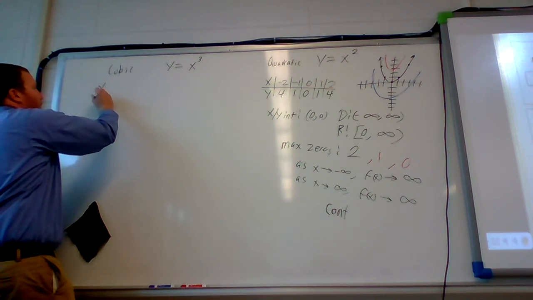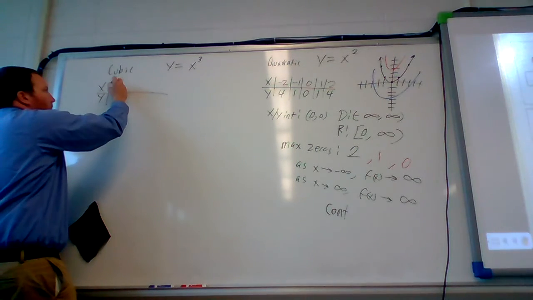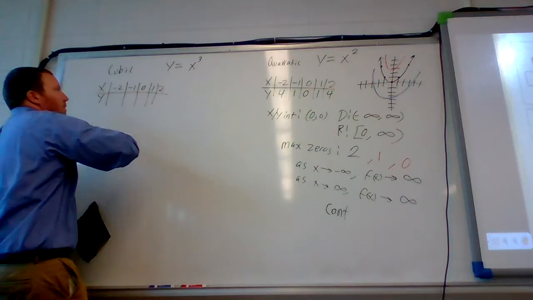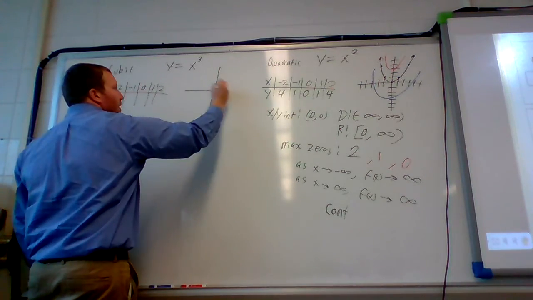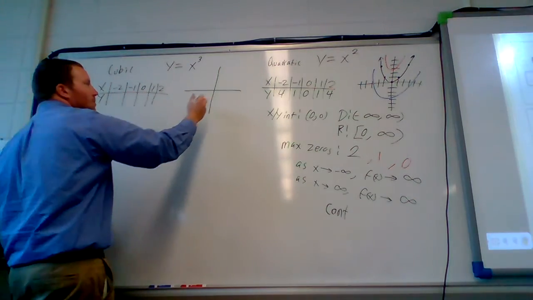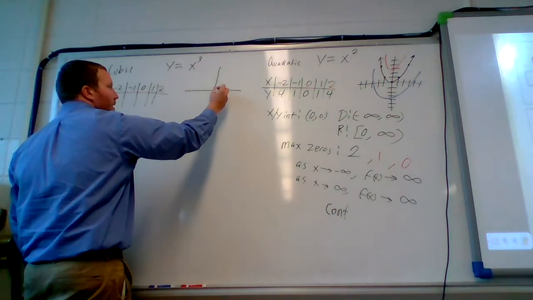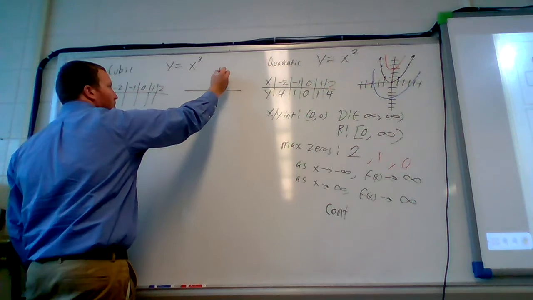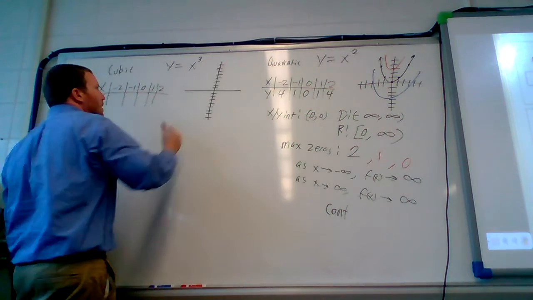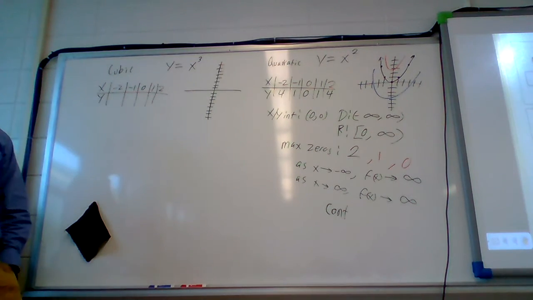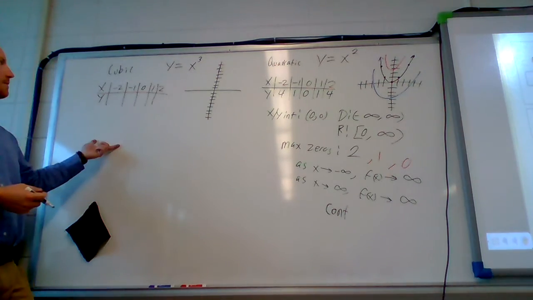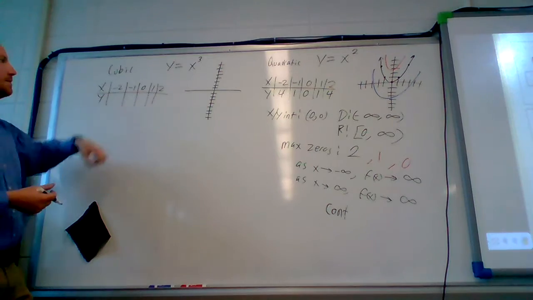Our xy table: -2, -1, 0, 1, and 2. If I plug in -2 into x cubed, what do I get? -8. Right? It's -2 times -2 times -2. -2 times -2 gets you 4, times -2 gets you a -8.